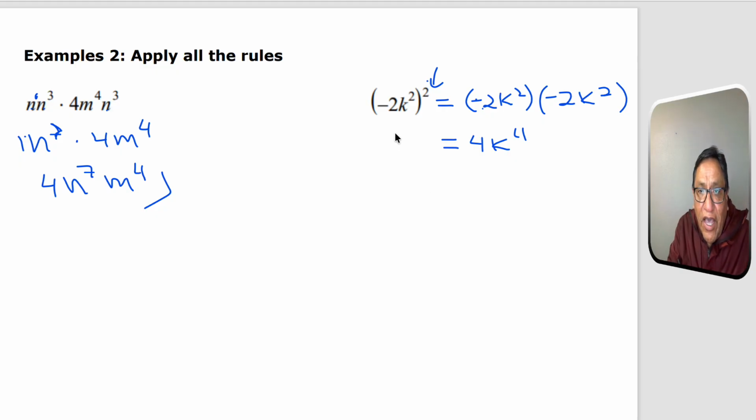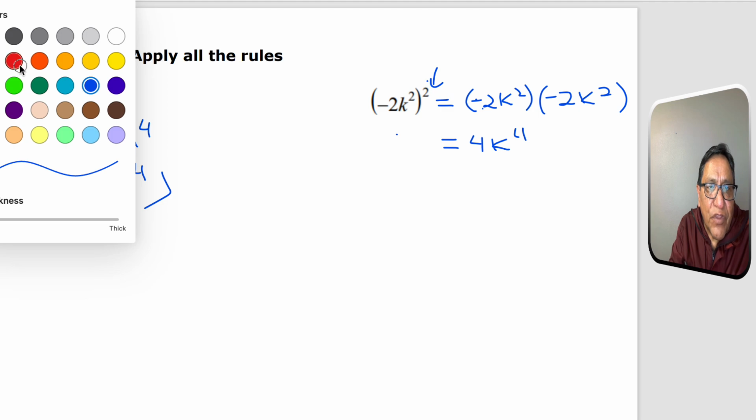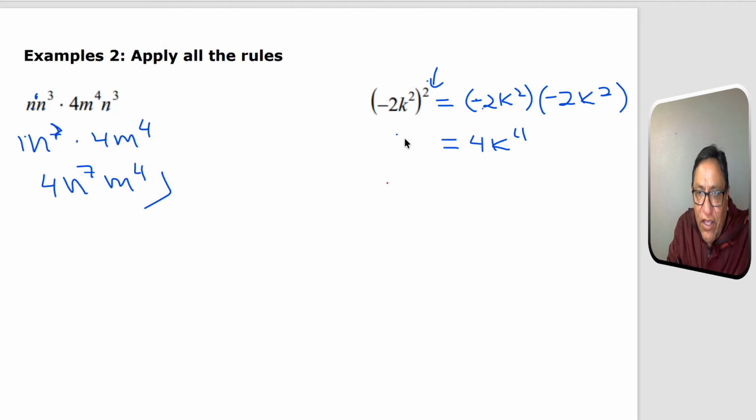Or, also, I'm going to use different colors so you can see, what we can do is this: negative 2 squared, correct, and k squared, squared.